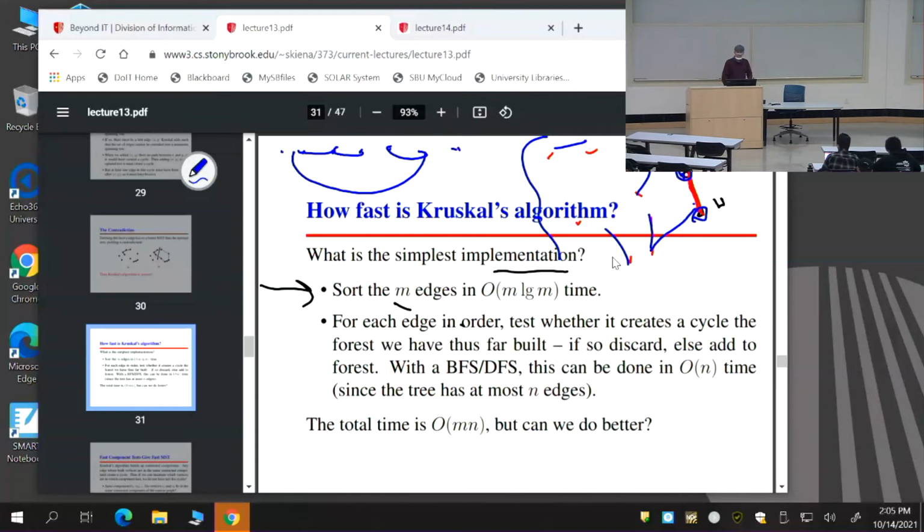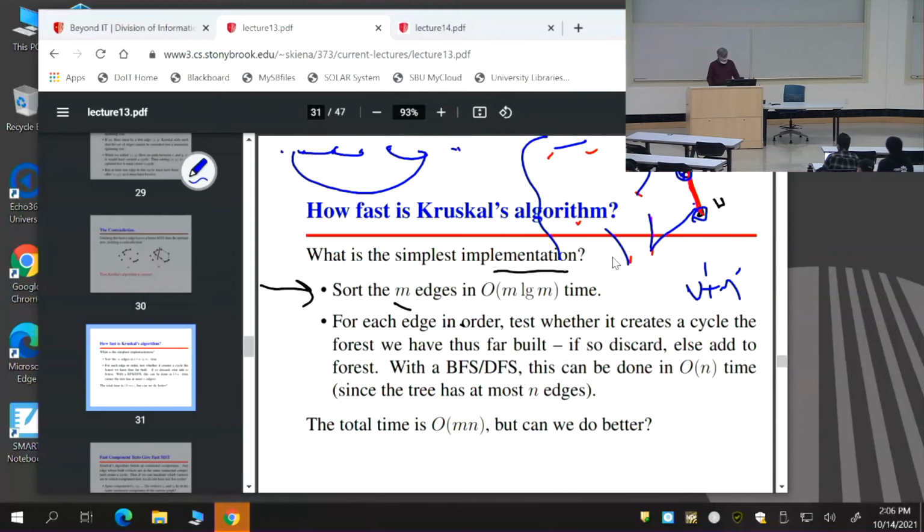How can I tell if two vertices are in the same connected component? Do a DFS is a perfectly fine thing. So one way to do it is I go run a connected components algorithm, which took time order n plus m, where m is the number of edges in that graph, which in this case is the tree we're building. And then I could tell whether the two vertices I want are in the same component.